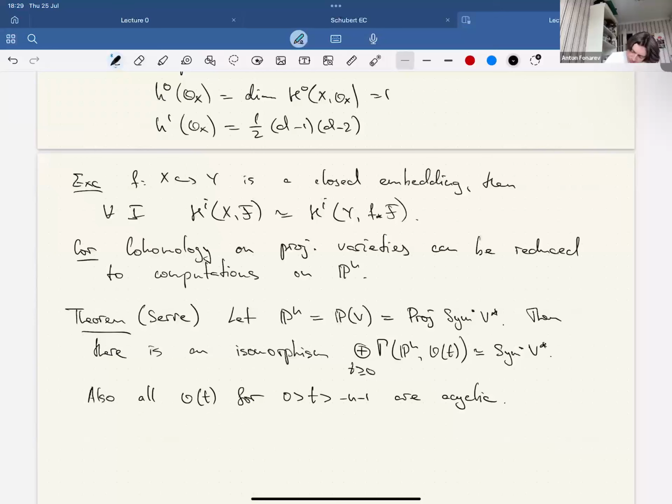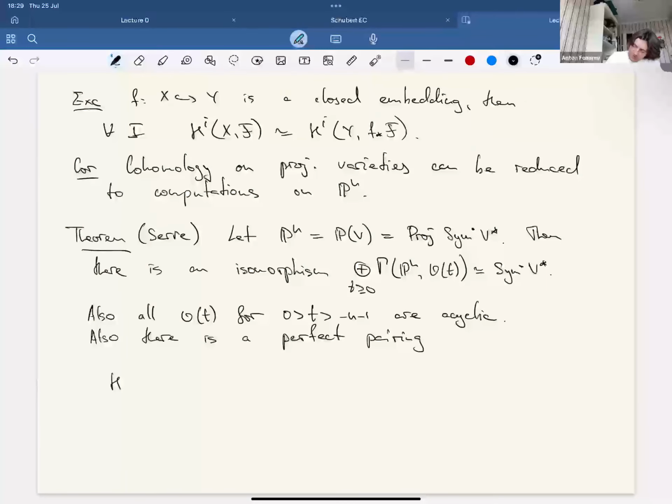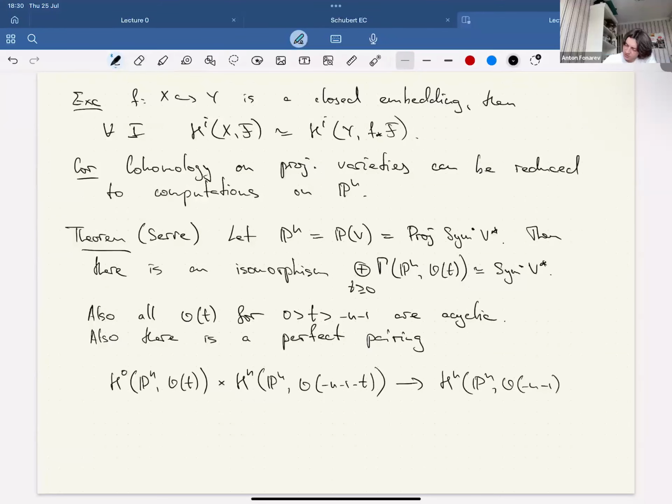And finally, also, there is a perfect pairing given from H naught Pn O of t times H n Pn O of minus n minus 1 minus t, going to H n Pn O of minus n minus 1. And this is isomorphic to K.